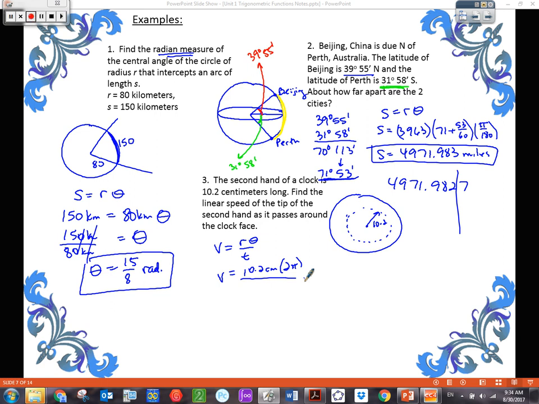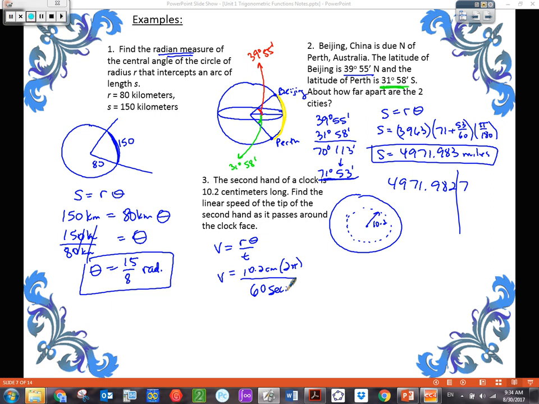So if the second hand goes all the way around once, then that's 1 minute. Now, since the problem did not indicate whether we needed our answer to be in minutes or seconds, we could choose. For whatever reason, I chose 60 seconds. You could choose 1 minute. We just need to put the units at the end, right, so that we can compare our answers. Either is fine in this problem.